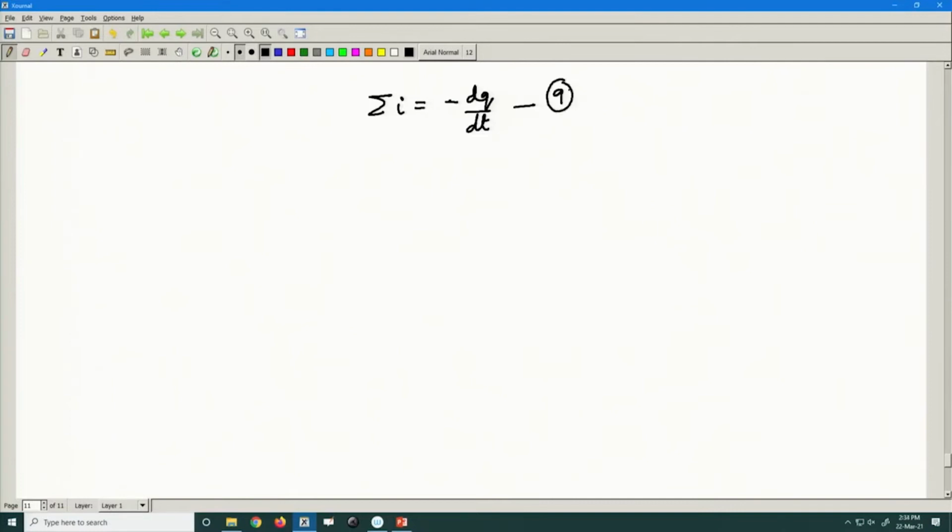So, I is equal to the double integral of J dot ds, or summation over I is the double integral of J dot ds.